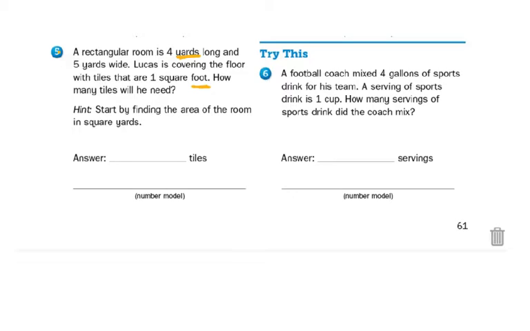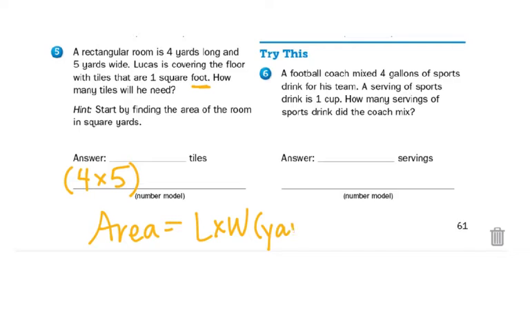In order to find the area of the room, it's 4 yards by 5 yards. So area is length times width. 4 times 5. Now remember, area we just found out was length times width, which is the 4 times 5. But this is in yards.